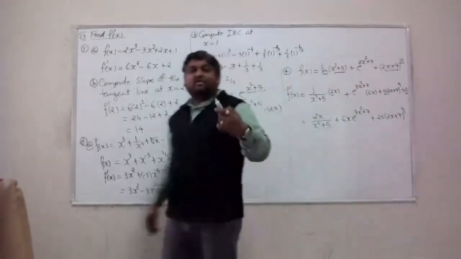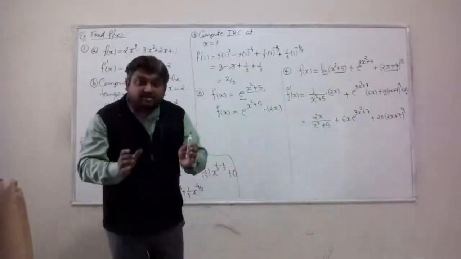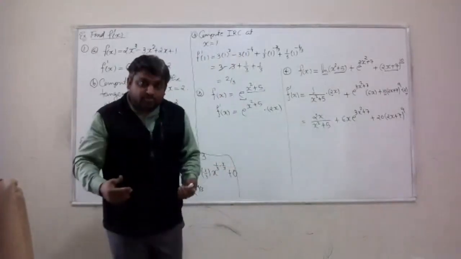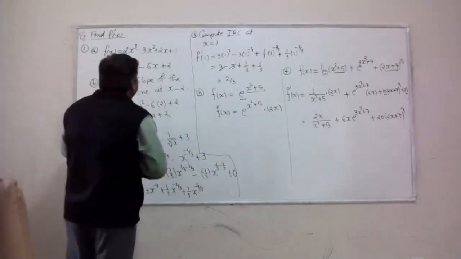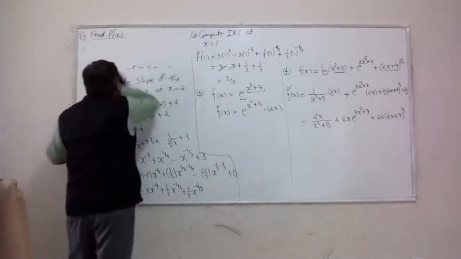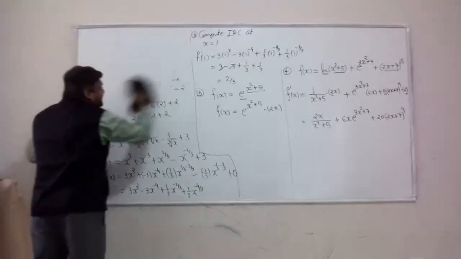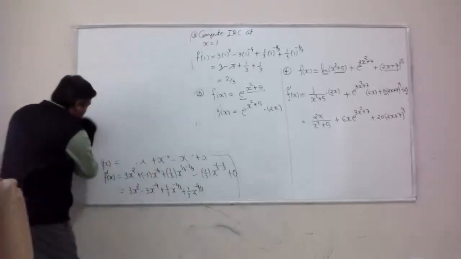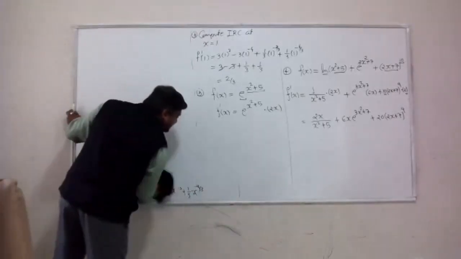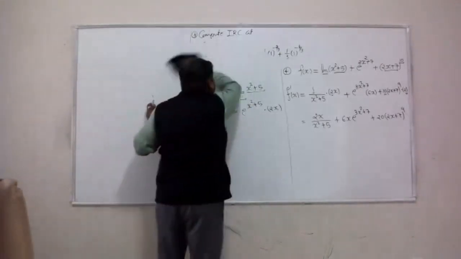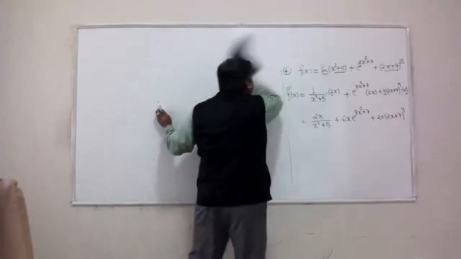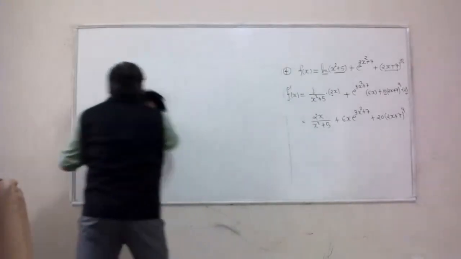Or it can be seen in the form of factors or ratio. These are the two things that I would like to show you very quickly in terms of examples. So here is example number 4 that represents the function given in the form of factors.